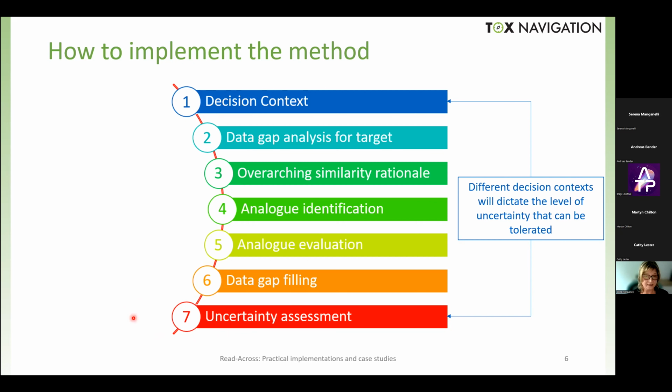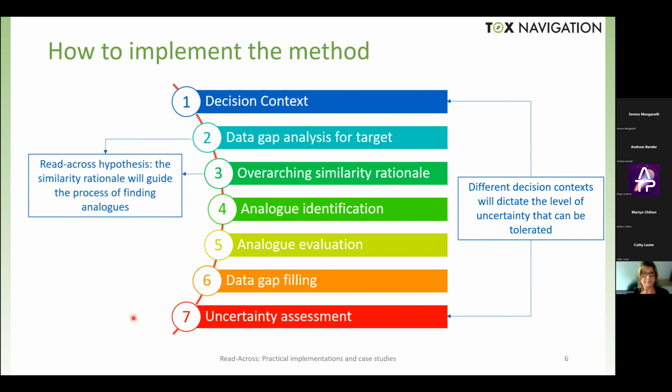Once you've done that, you will have your target, that is the chemical for which you want to make your prediction. Hopefully, you know a lot of things about your target and/or your target substance, that is, the structural identity, the presence of impurities as an example.